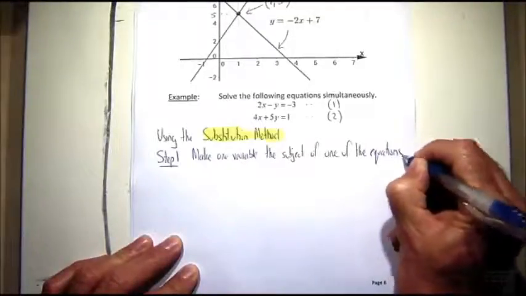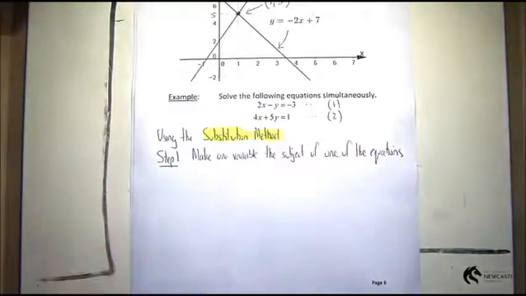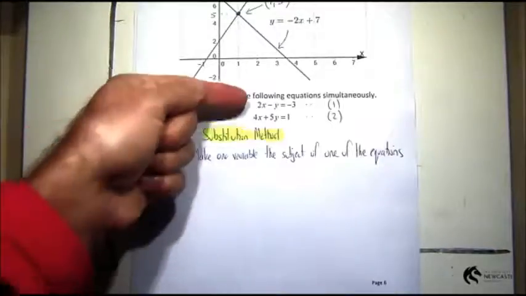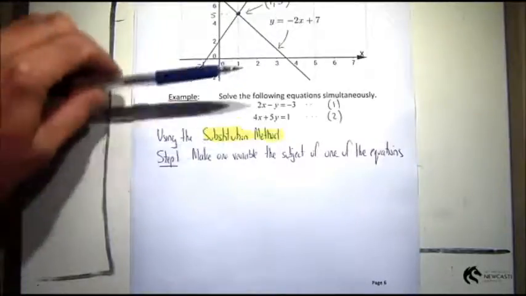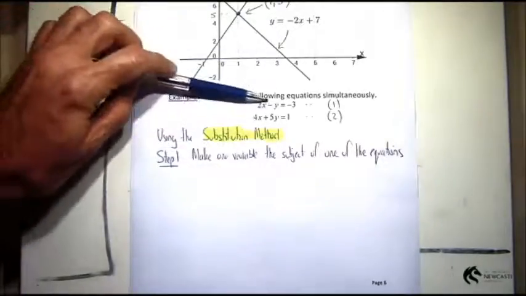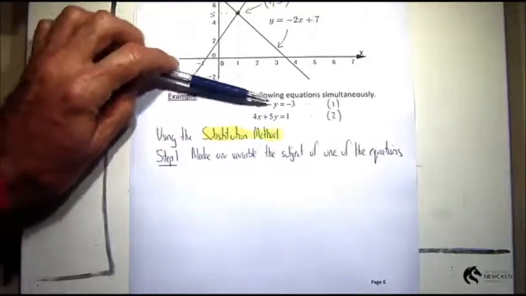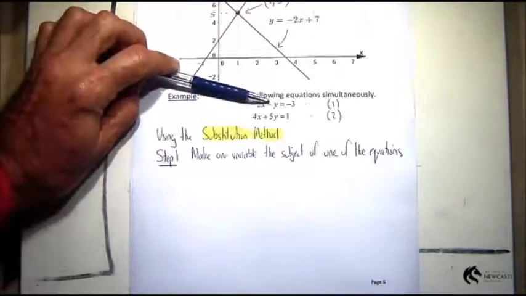That's pretty vague. It doesn't matter whether you make x the subject or y the subject, and it also doesn't matter whether you use equation 1 or equation 2. Just do it with one of them. In this case, the obvious choice is to make y the subject of equation 1, because the y has a coefficient of -1. So I don't have to do any divisions or anything.